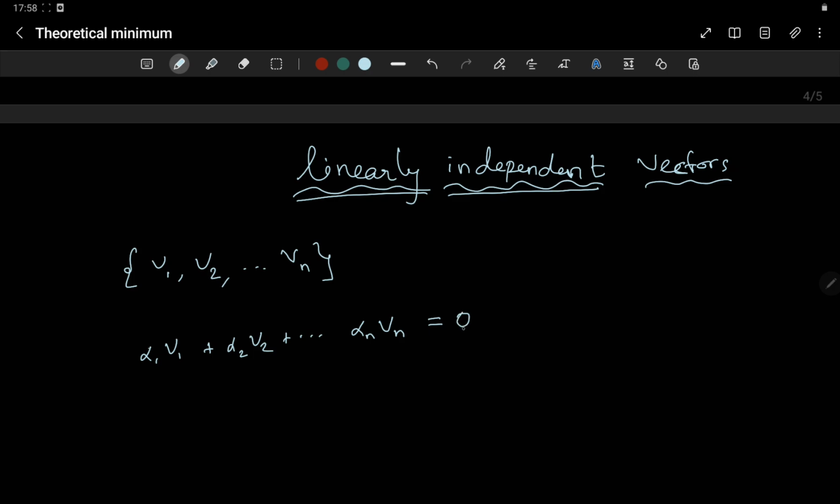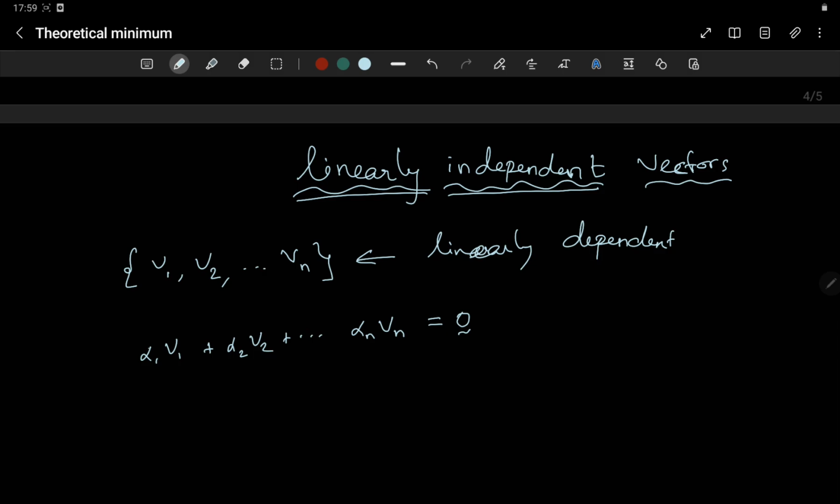Once again, 0 is a vector. If you could come up with some set of alphas for the given vectors, then we call this as linearly dependent.